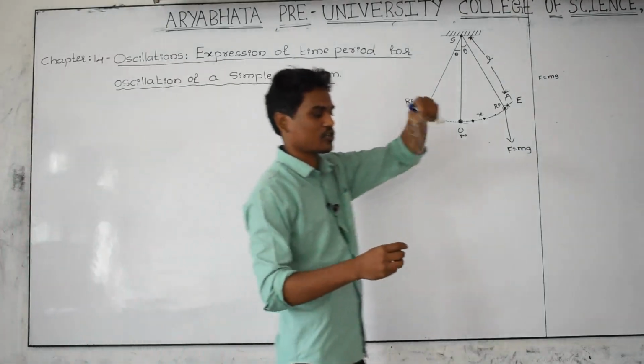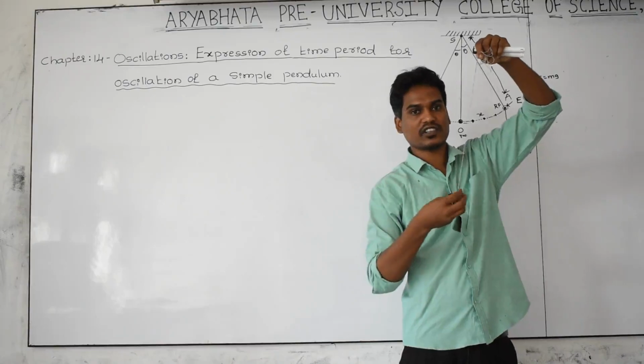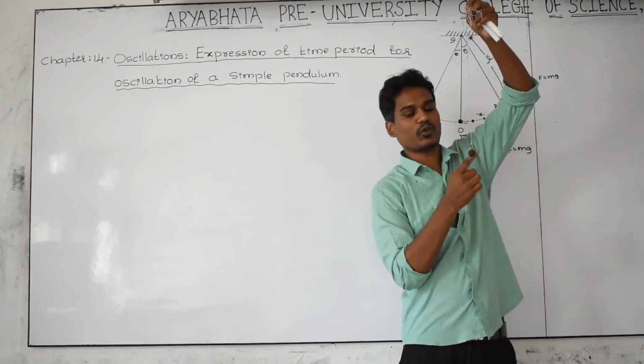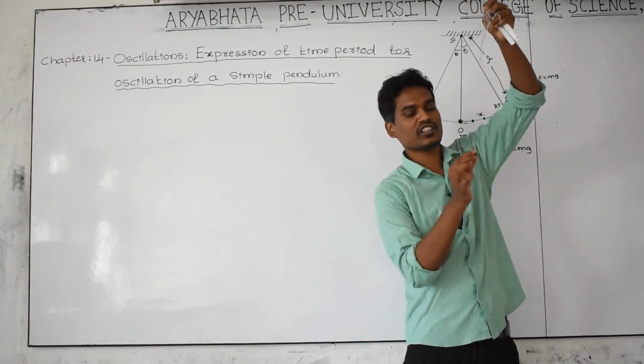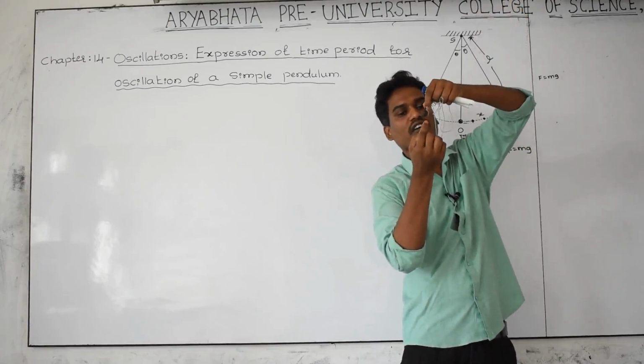Whenever the object is oscillating, let us imagine the object is at this point, the force acting on the body by the earth is in this direction. When the body is at this point, again the force acting on the body by the earth is in this direction.